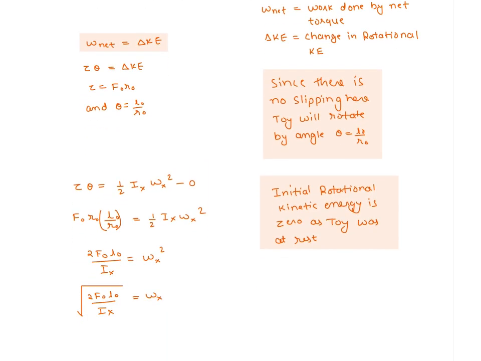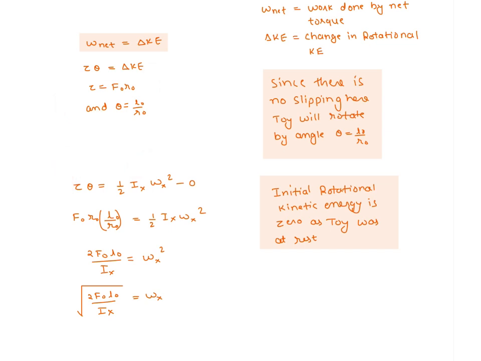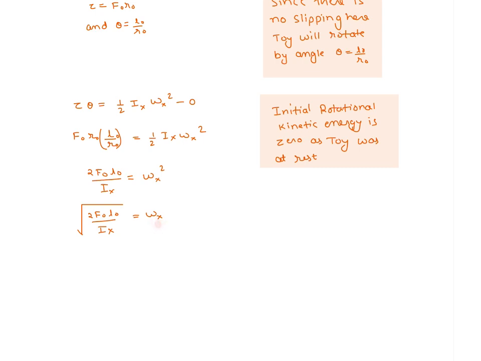So now I am applying this concept, net work done will be equal to change in kinetic energy. Since initially the toy was at rest, its initial rotational kinetic energy is zero, and let the final rotational kinetic energy be equal to half Ix omega x square. So if you solve it, you get omega x is equal to the square root of twice F naught L naught by Ix. So this is the answer to part B.